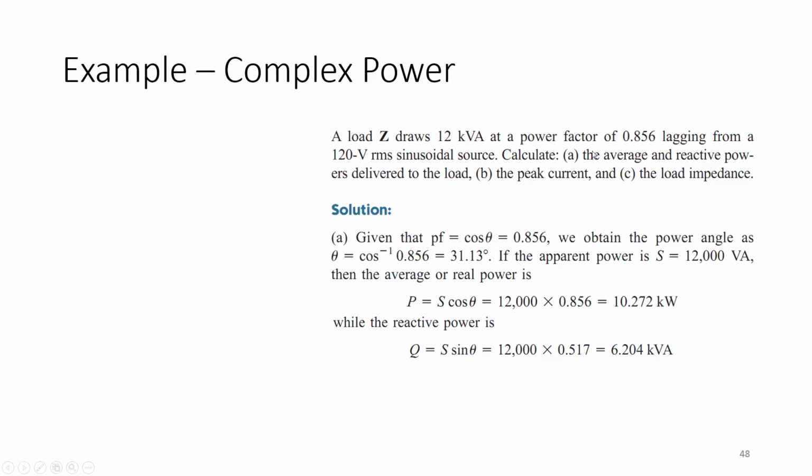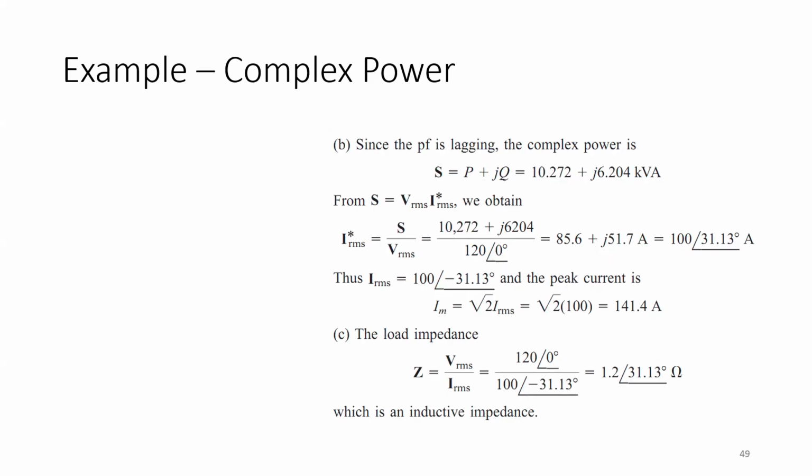The power factor is given as 0.85, so cosine of the power factor angle gives the real or average power dissipation across the load, which is 12,000 multiplied by 0.85, resulting in 10.2 kilowatt. Similarly, the reactive portion is 6.2 kilovolt ampere reactive.